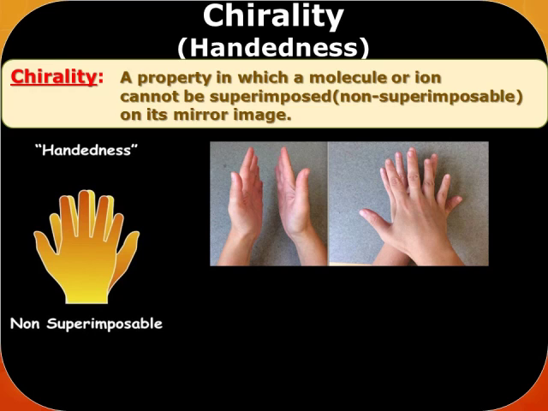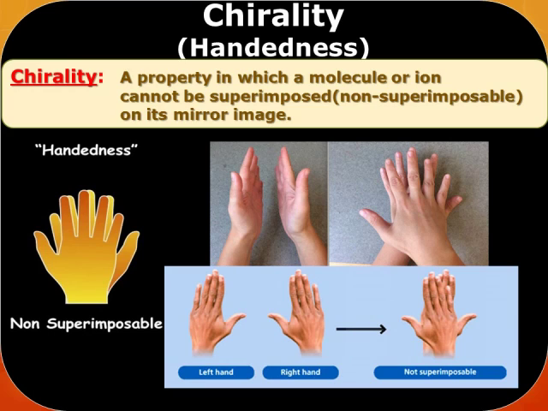But if you keep one hand over the other, then it doesn't match, or it is not superimposable. Right? So here, left hand and right hand. When you place the left hand over the right hand or the right hand over the left hand in this way, then you call it not superimposable. Right? That is what you call chirality.